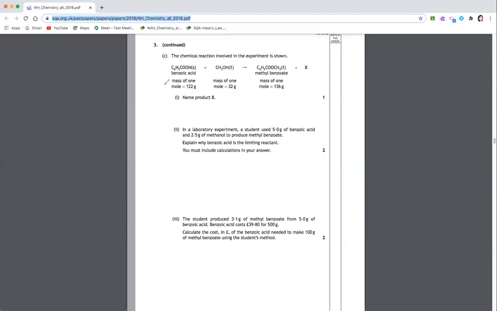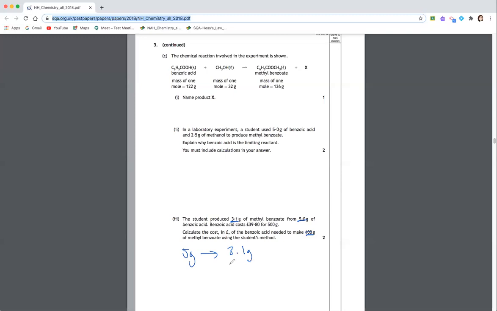So we've got, the student produced 3.1 grams of methyl benzoate from 5 grams of benzoic acid. So 5 grams produced 3.1 grams. First of all, because we need to find the cost needed to make 100 grams of methyl benzoate, we're going to need to know how much benzoic acid we need first.